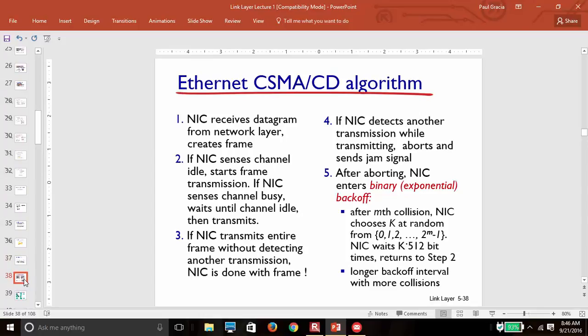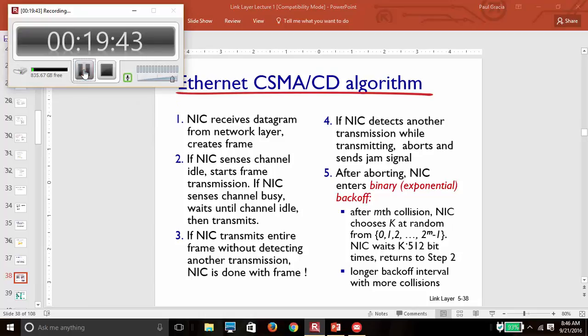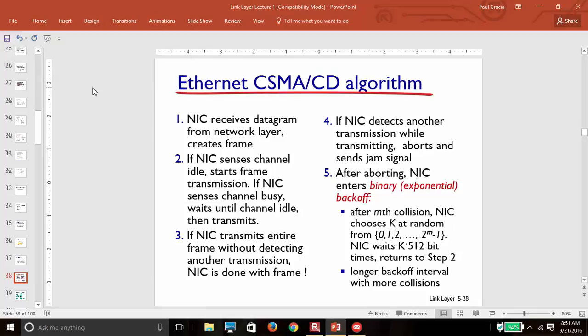So let's talk in a little more detail of how the CSMA CD algorithm works. Let's step through this, going through a state diagram. In the first step in the Ethernet CSMA CD algorithm, the NIC card receives a datagram from the network layer, some sort of IP datagram, and then it creates a frame.